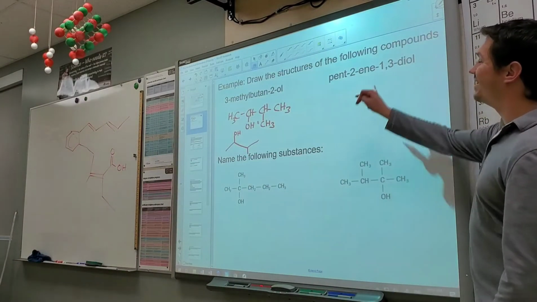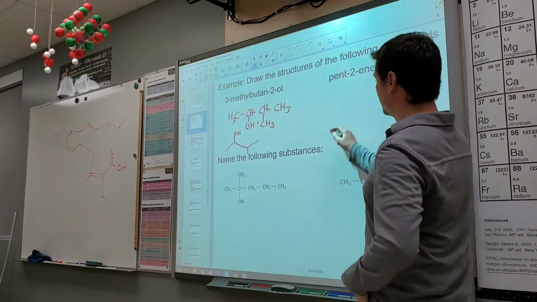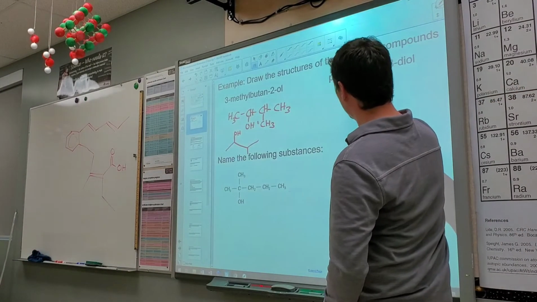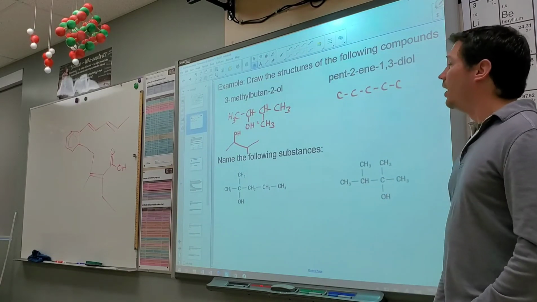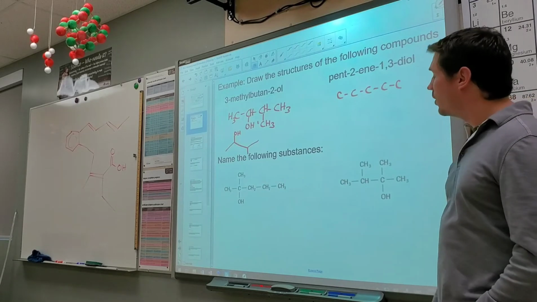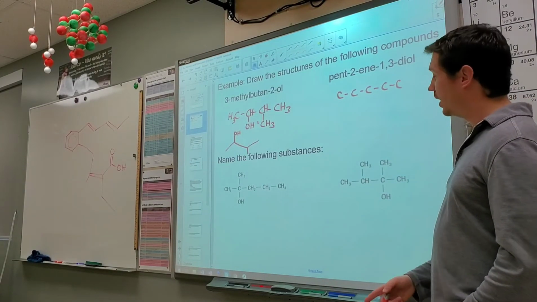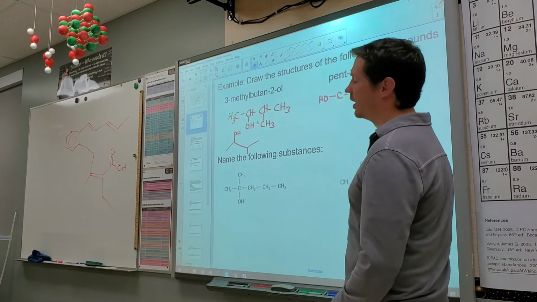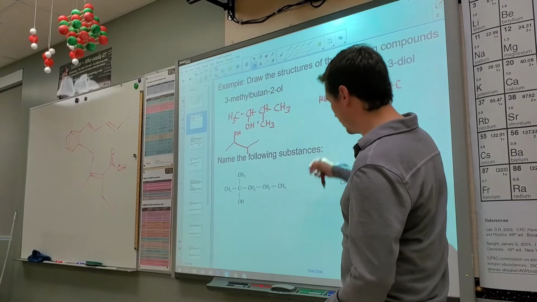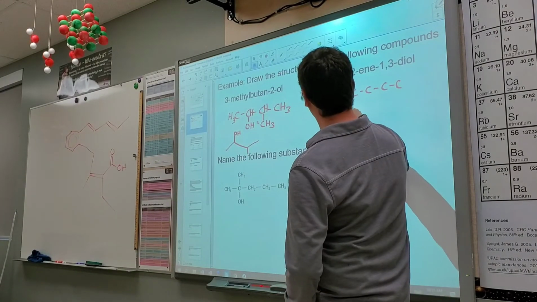How many carbons in this parent chain? 5. So 1, 2, 3, 4, 5. And where are the -ols on? Where's the OHs on? 1 and 3. So you could say OH off the 1, or you could have gone down, OH. It doesn't matter to me.